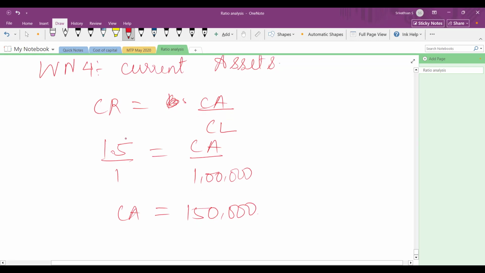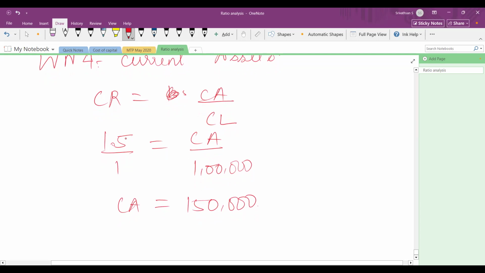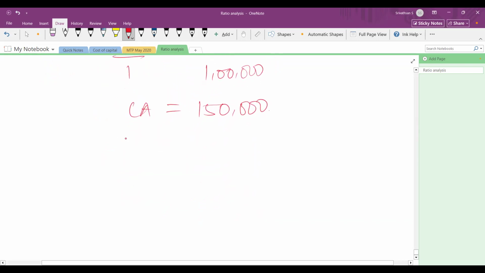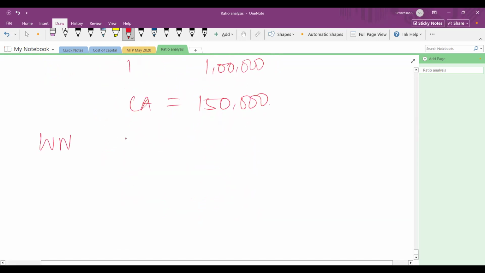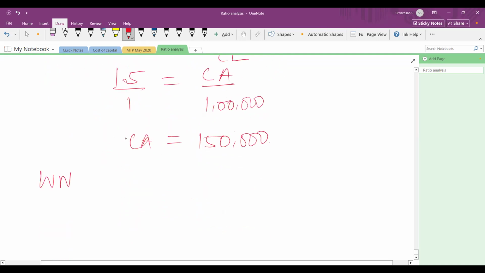So now listen, we know total asset is how much? 10 lakh, out of which current asset is 1 lakh 50,000. So what is the remaining amount? Fixed asset of 8 lakh 50,000. So working note number 5, fixed assets.